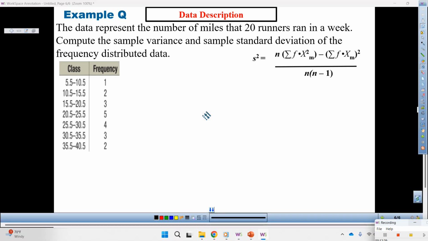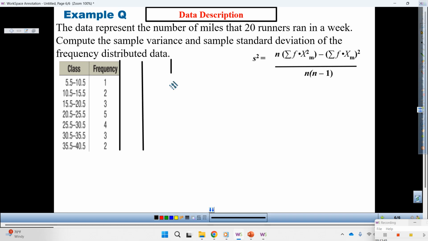All right, so once again, you're just copying the group distribution and the formula all the way to the right, because we're going to use that formula for this portion. So we have class, and these are boundaries, yes. Our frequency, and we said we were going to add a column for the what?